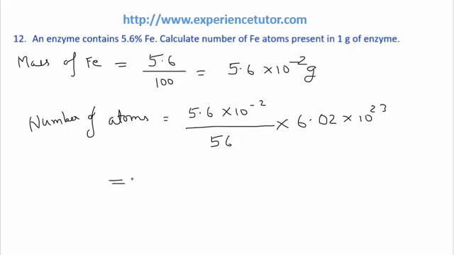After calculating, we'll get 6.02 into 10 to the power 20 atoms.